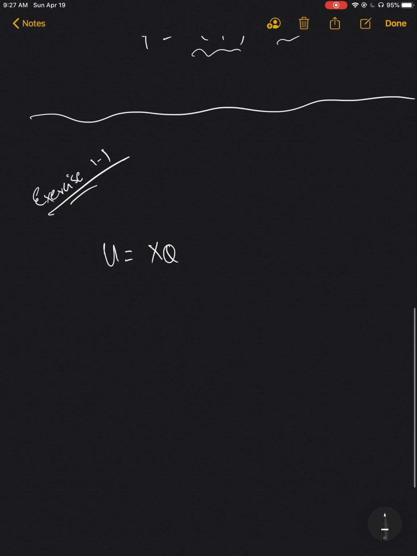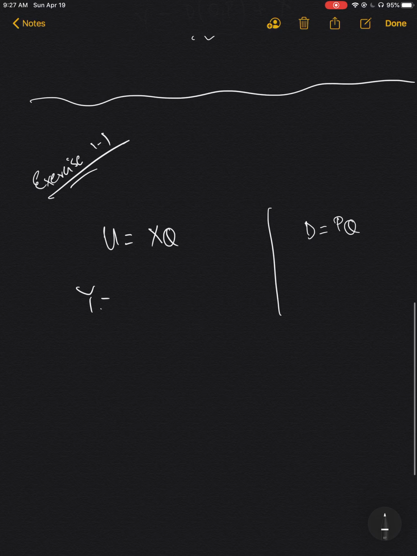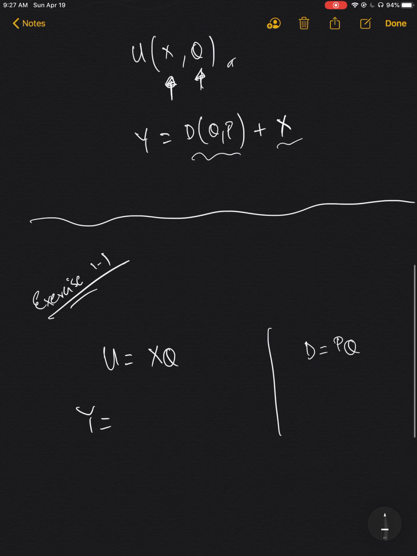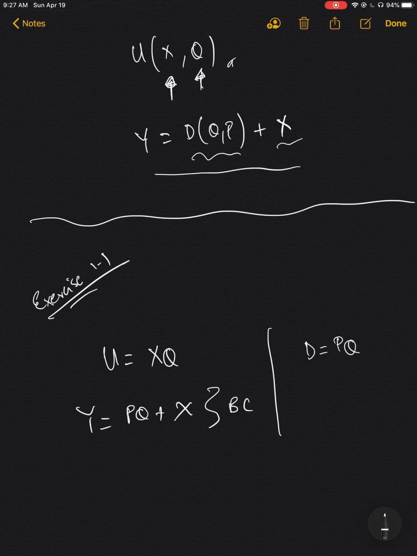Pretty simple utility function. And then you're given that your D, your expenditure on environmental quality, is pq. That means your y, again coming from this, is going to look like this, pq plus x. And that's your budget constraint, remember, this is your total income, and this is just your utility function.